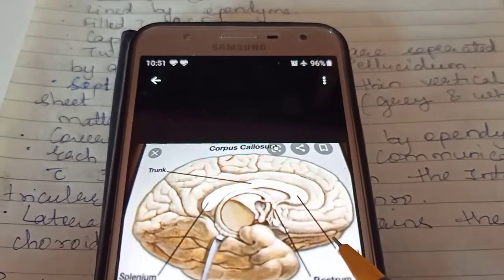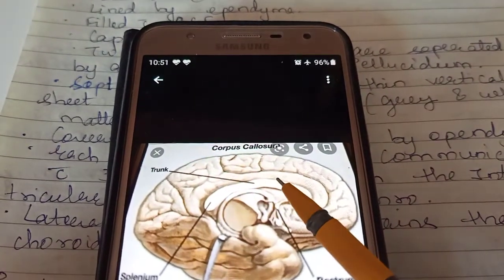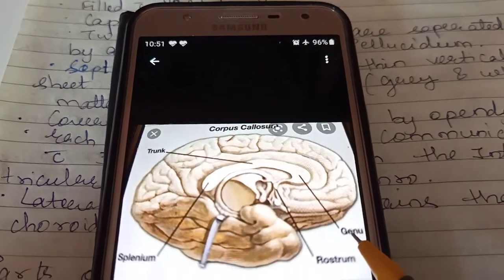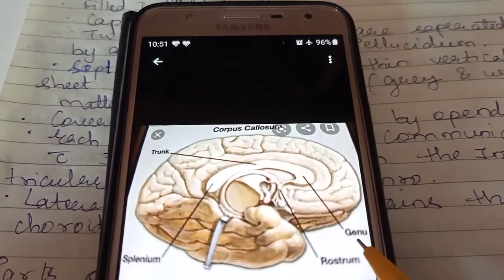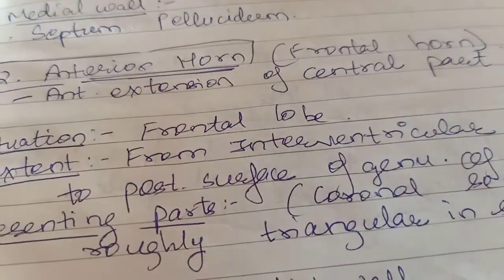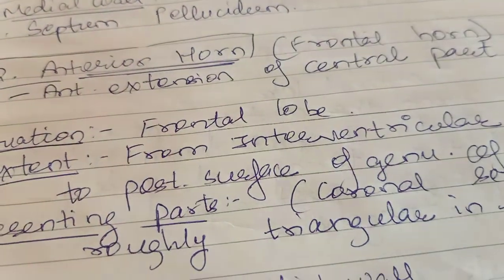Clear? Genu is one of the parts of the corpus callosum.